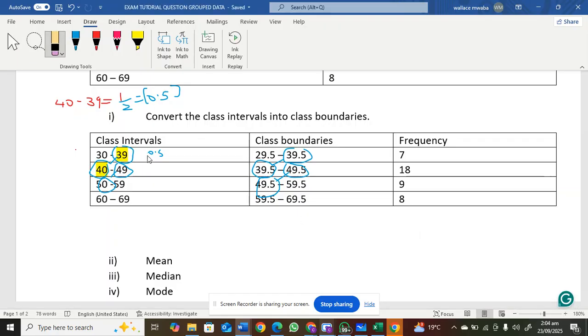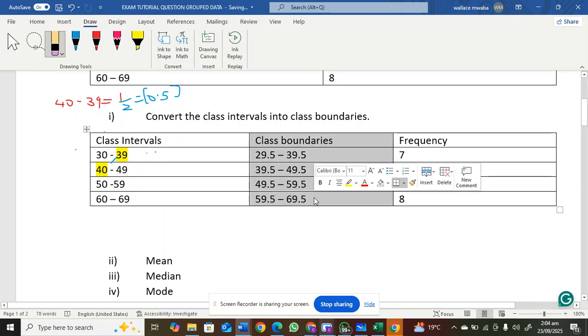Part two, we need to get the mean. All right. So starting from here on, we're going to be using our class boundaries. Right. We won't be using the class intervals. So the next thing, as I said, we need to calculate the mean. Right.